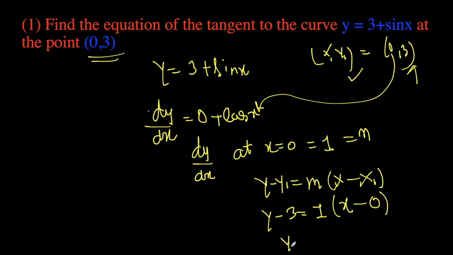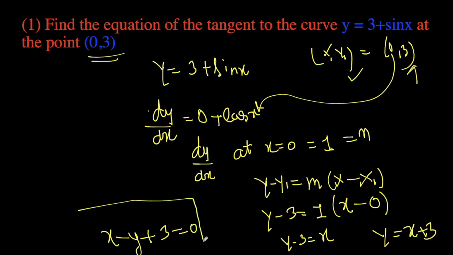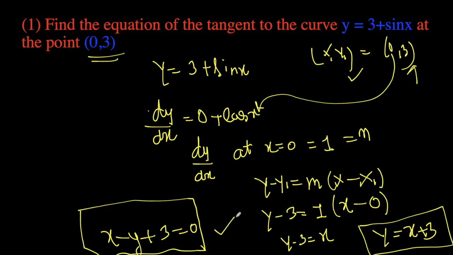If you rearrange this, you get y equals x plus 3, or in the general form, x minus y plus 3 is equal to 0. This is the more preferred form, because they want your answer in the general form and not in the form y equal to mx plus c. So this is the answer to this question.